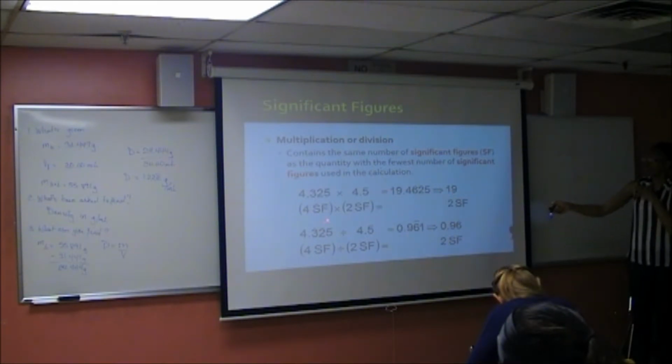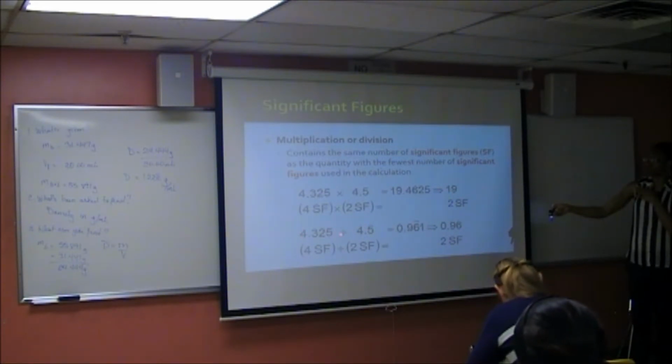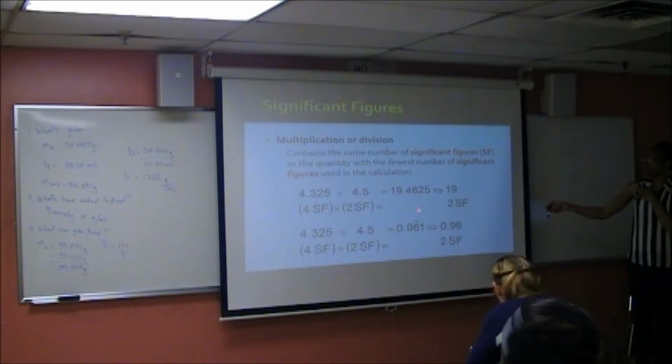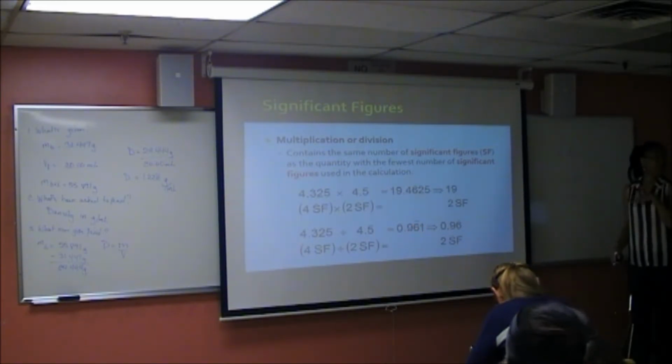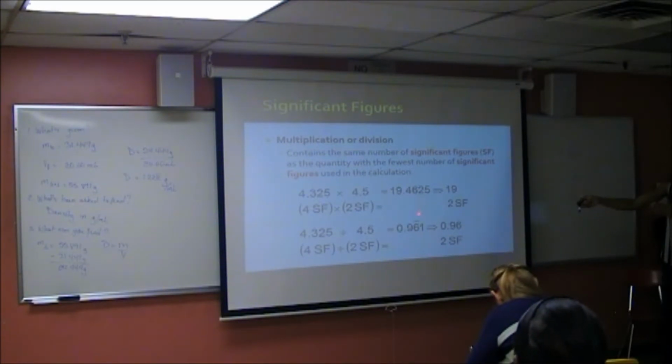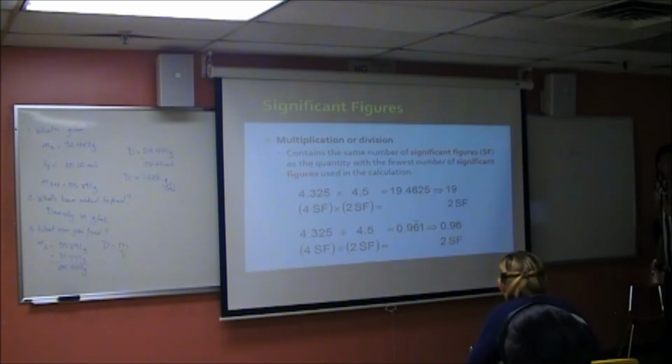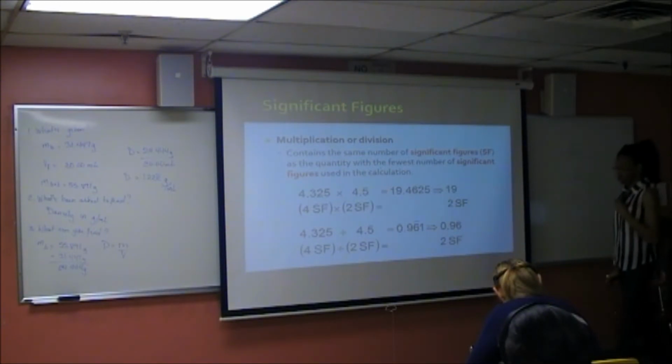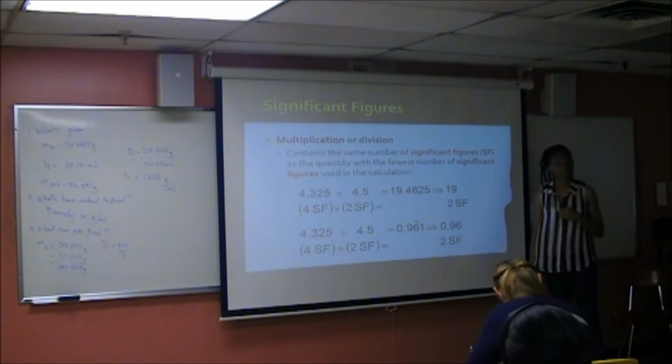Now if you're dividing it, you end up with 0.961. Where are we stopping? At 96. We look at the neighbor. Hold up. So now we do it after the decimal because I thought it was 2.